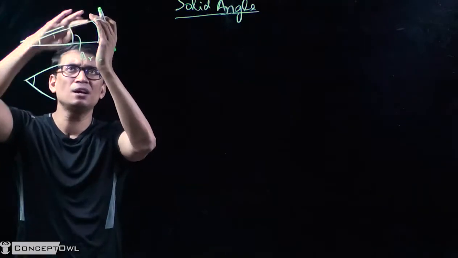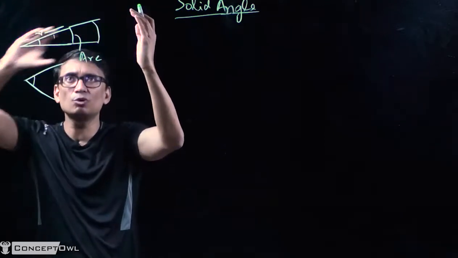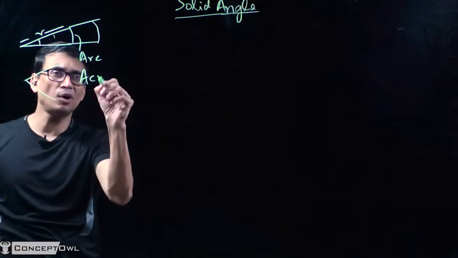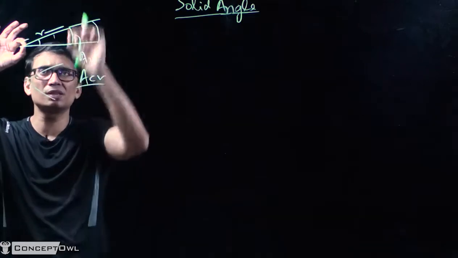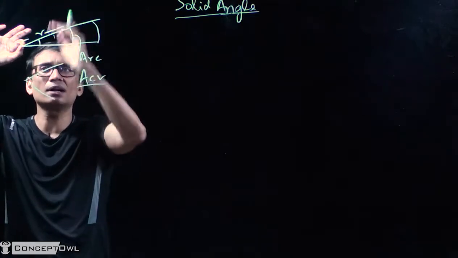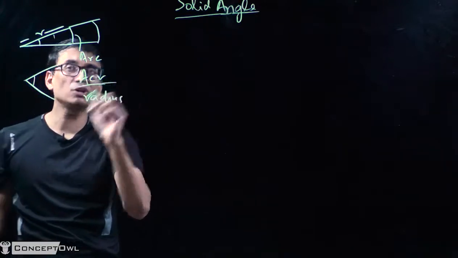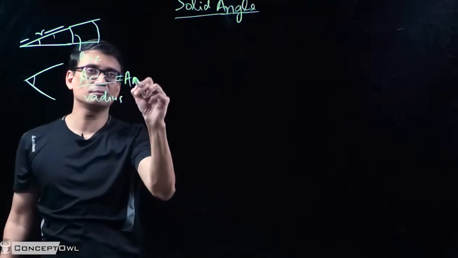Here the arc is bigger, but the distance also is more. The ratio of arc to distance is going to be the same. We'll call this radius, because we are drawing a circular arc from this point. So arc upon radius would be constant, and this is what we call angle.